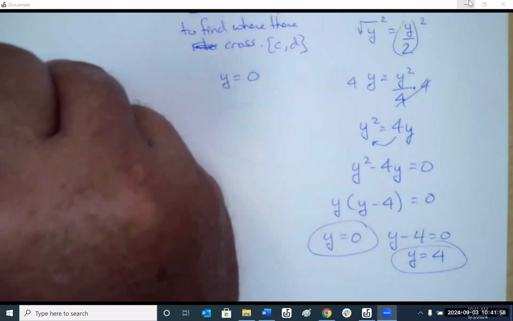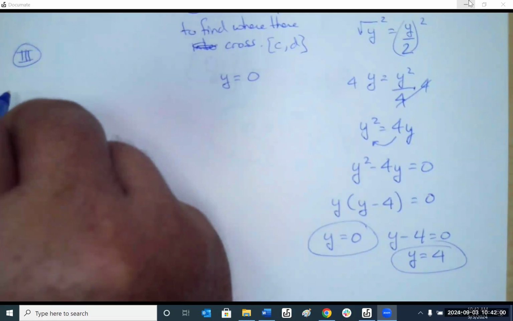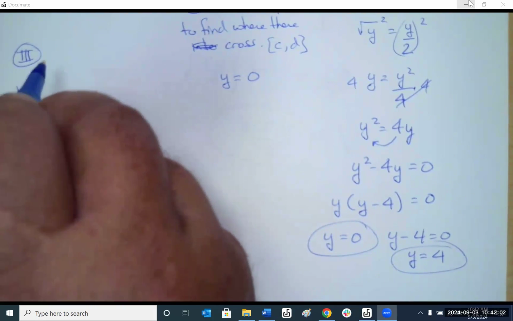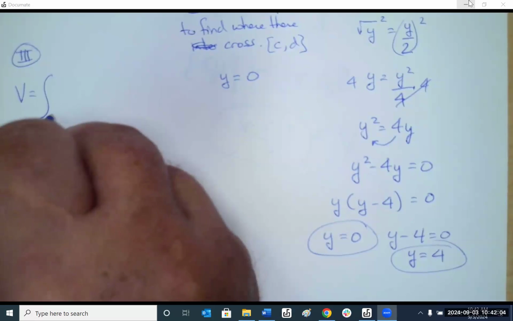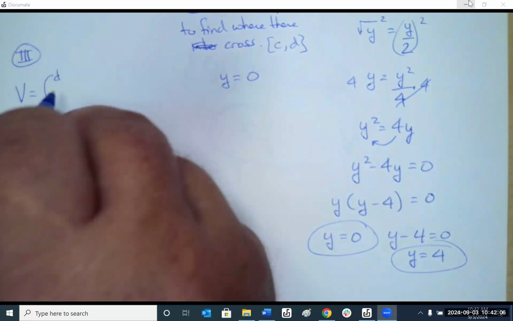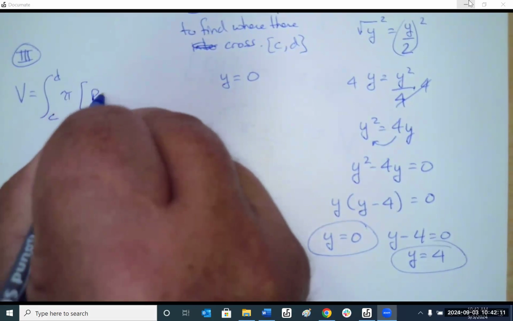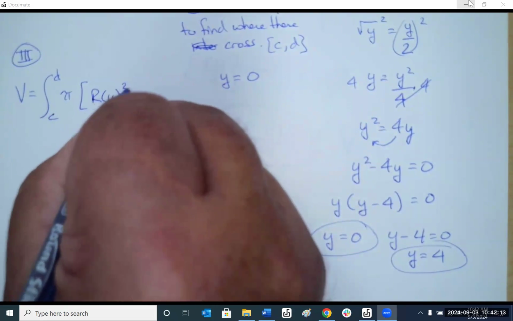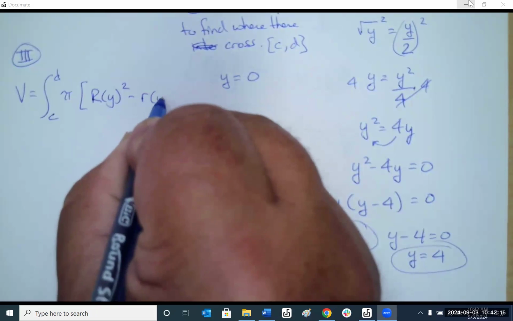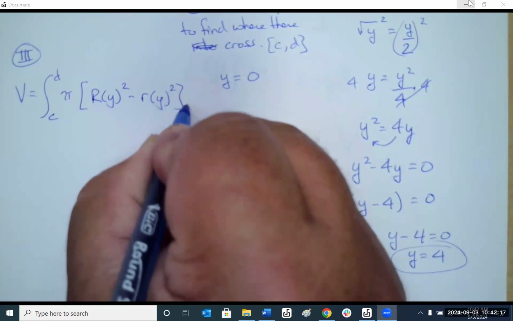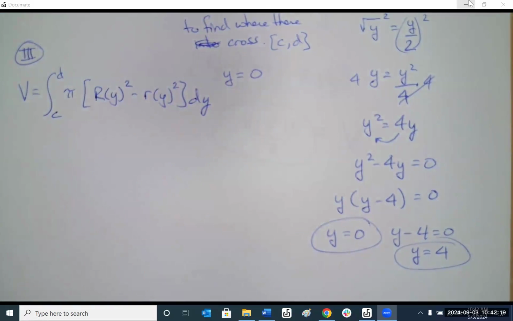Our third step is we have to figure out what formula we're going to use. Since we're doing it along the y-axis, we have the integral from c to d of pi times R of y squared minus r of y squared dy.